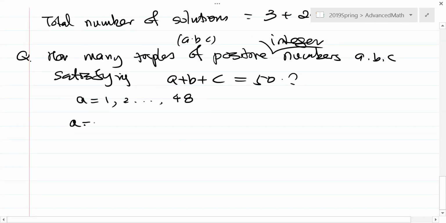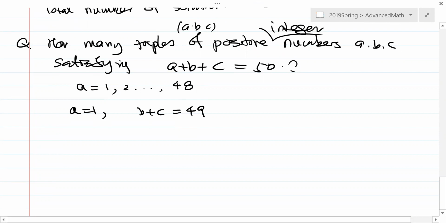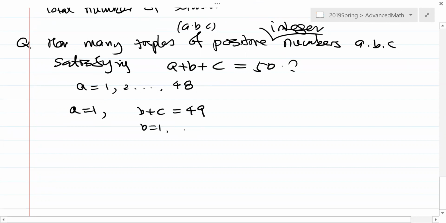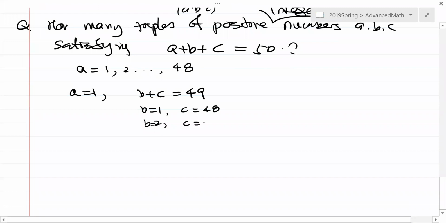If A is 1, then B plus C is going to be 49. And then you look at how many solutions for B and C. If B equals 1, then C is uniquely determined at 48. If B is 2, C equals 47, and keep it going.